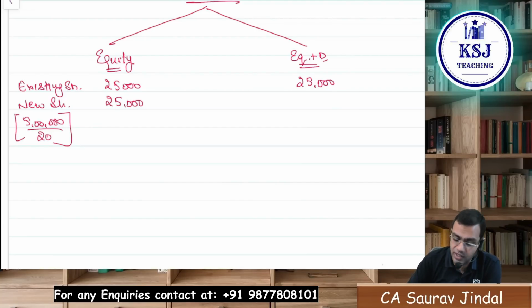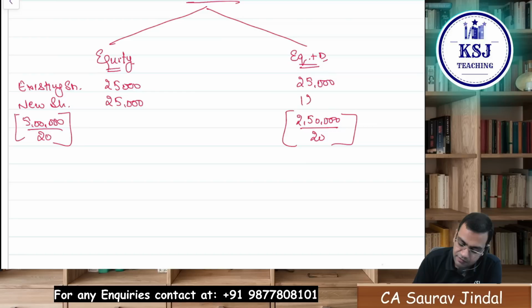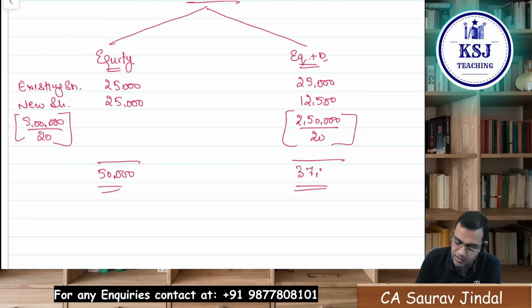In the equity plus debt option, what will be the new shares that you will issue? You will issue it for 2,50,000 divided by 20, that is 12,500 shares new you will issue. So total shares will be how much? Here 50,000 shares and here 37,500 total shares will be there.